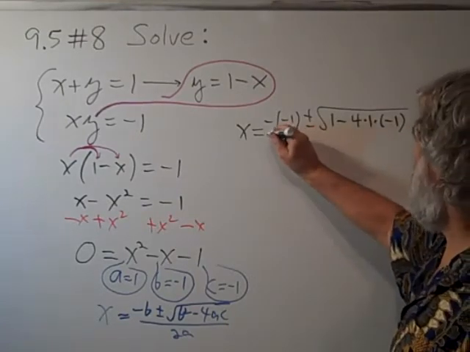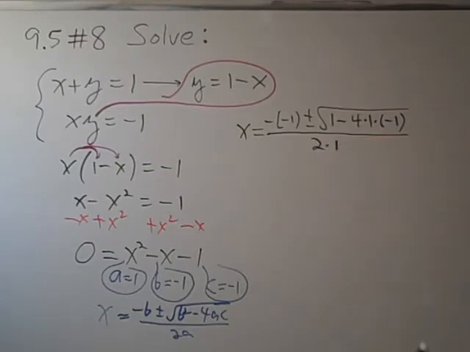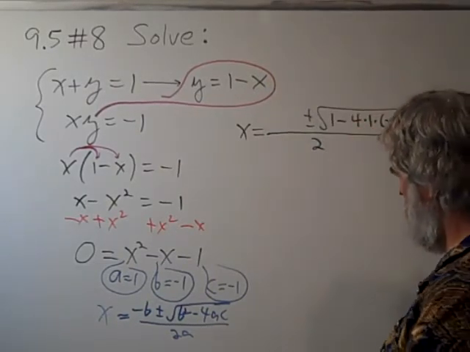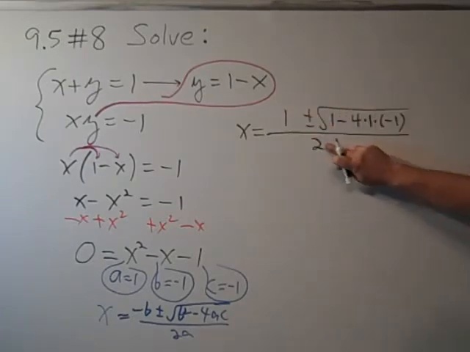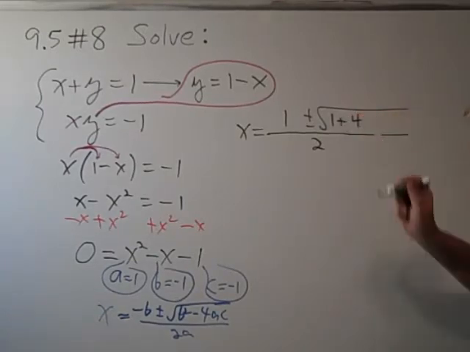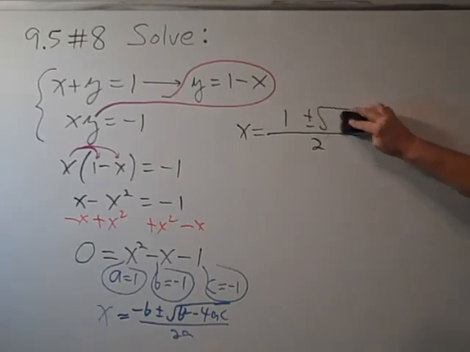All that divided by 2 times a, which is 2 times 1. So we have negative of a negative 1 up here, which is positive 1. 2 times 1 is 2. And we have minus, a minus 4 is plus 4. 1 plus 4 is 5.